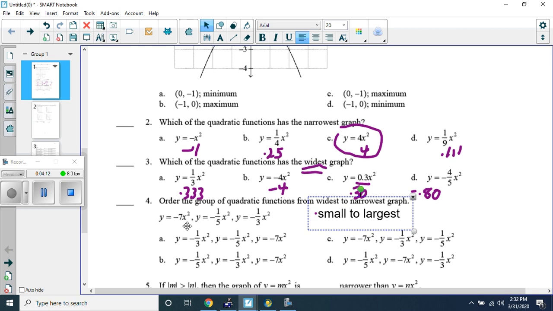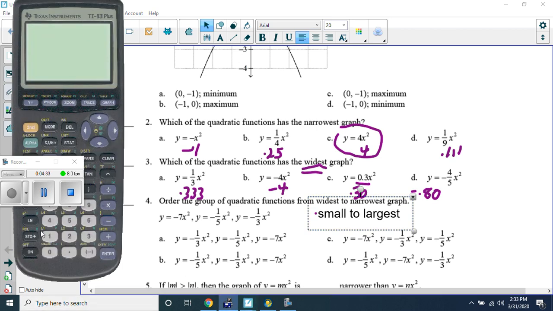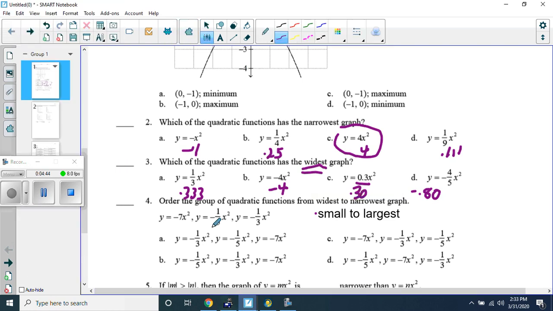So these right here, 7 is the biggest number, the largest number, so it's going to be the narrowest graph. So that's going to be last, and these two look like they're the answer. One of these could be the answer. Now the widest graph would be the smallest number, and if I take my calculator and I go 1 divided by 5, that's going to give me 0.2.